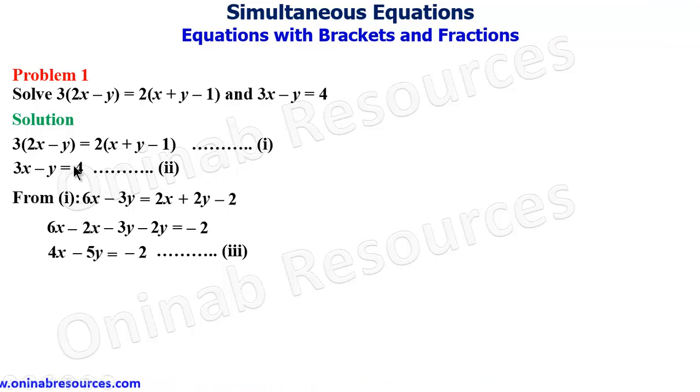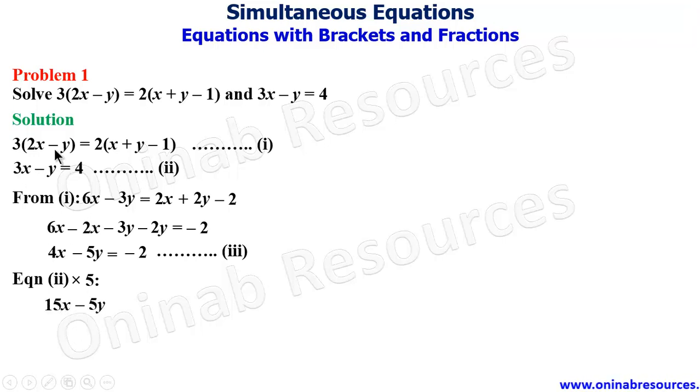Therefore, we just multiply equation 2 by 5. So equation 2 multiplied by 5, we are going to have 15x - 5y = 20, and that is multiplying by 5. So we call it equation 4.